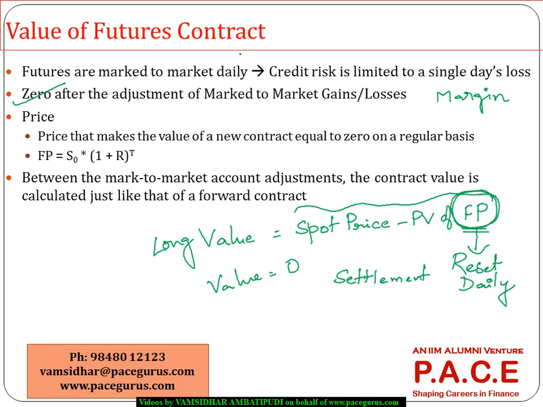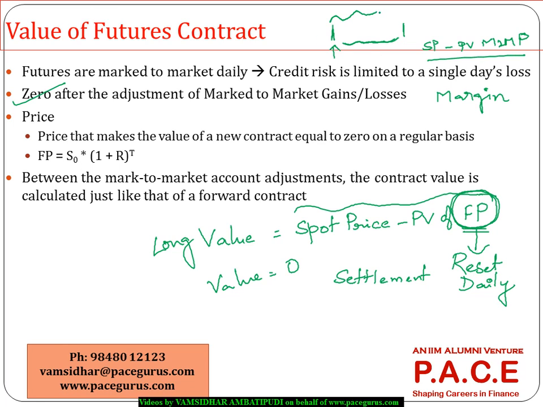Between two mark-to-markets, so today's settlement price and tomorrow's settlement, the difference is nothing but whatever is the spot price minus the present value of the previous mark-to-market price, rather the previous futures price.